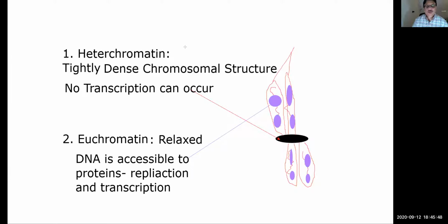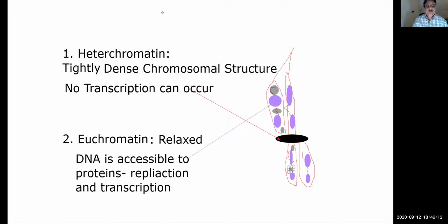Now, the whole chromosome is not euchromatin. A chromosome could be a patch of heterochromatin and euchromatin.